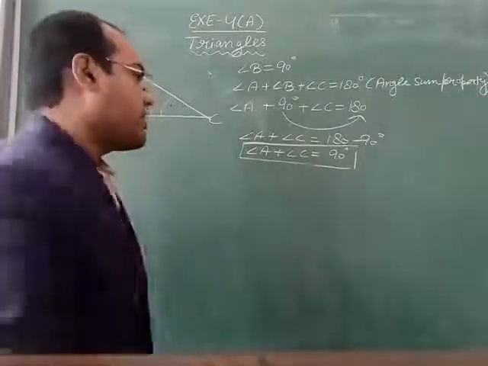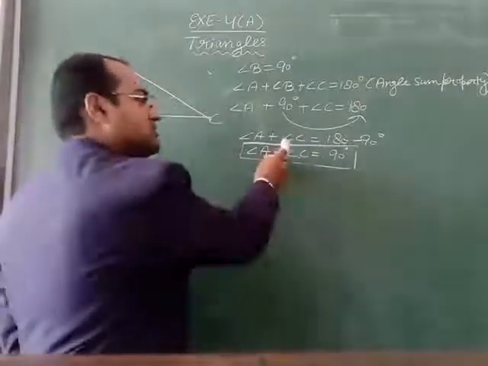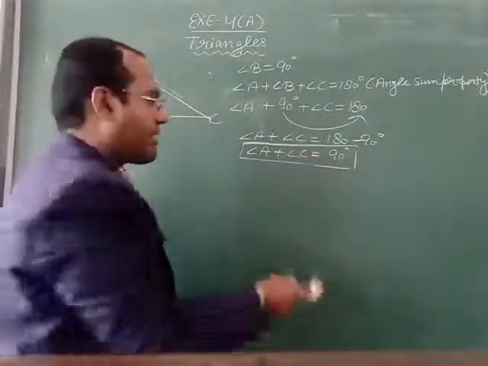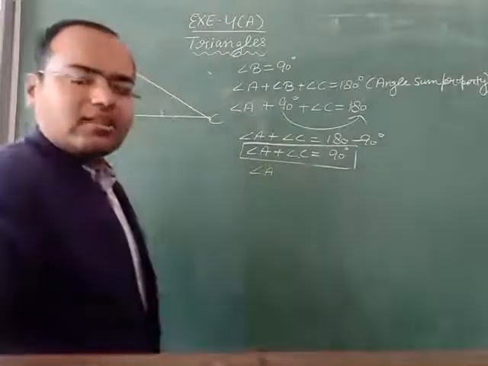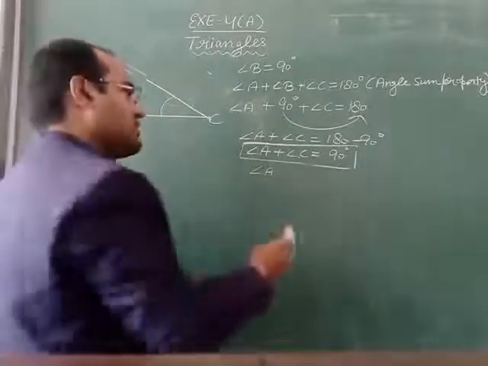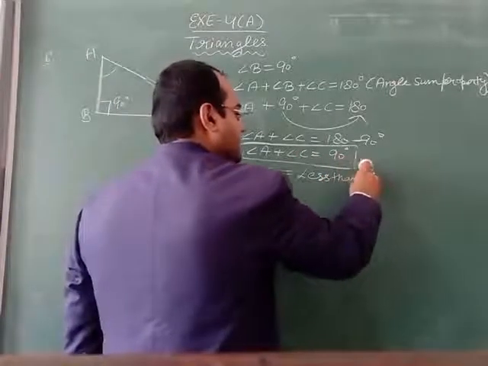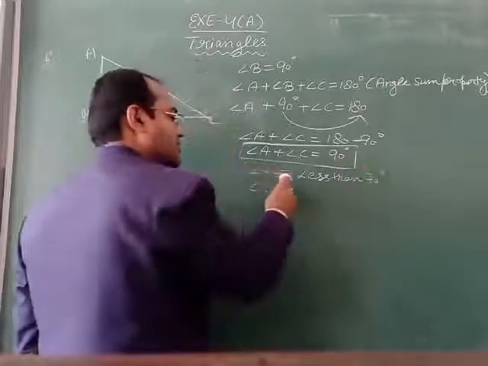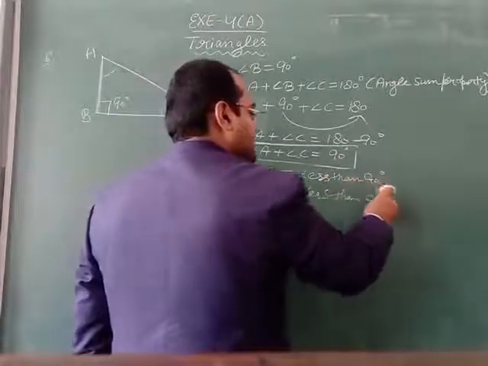That means definitely these two angles will be less than 90 because their sum is 90. Separately, if we take angle A and angle C, then our answer will be less than 90. Angle A will also be less than 90 and angle C will also be less than 90. Why?